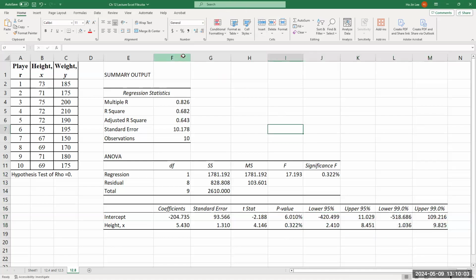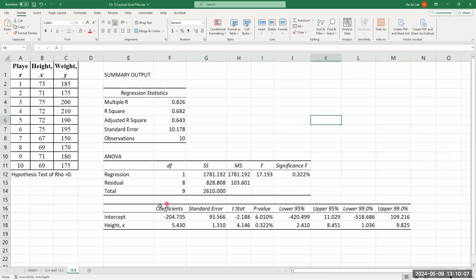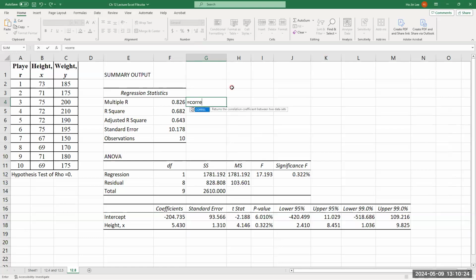All right, so I'm going to tighten. Okay, good. So rho, or R, the estimated rho, is right here. They spit it out as part of this regression. You could also calculate it with equals CORREL, open parentheses, and you put in your X's or Y's without the labels.